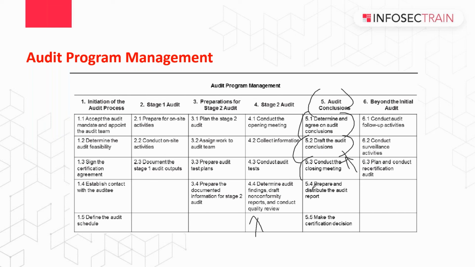Close the meeting and distribute that report to the stakeholders of the audit, the organization, and the certification body. Once it has been distributed, the certification body is going to make a certificate decision. Again, this has been done by the auditor as well.